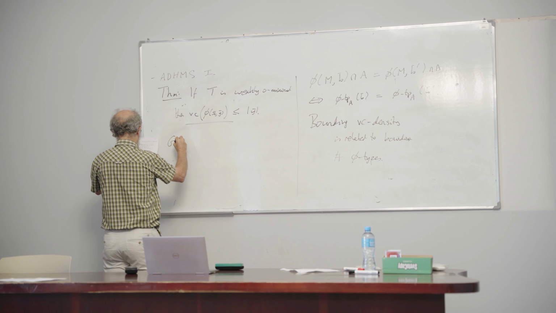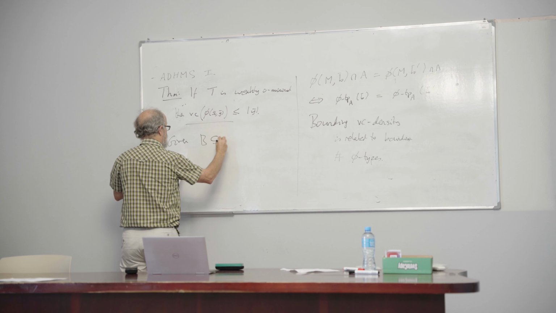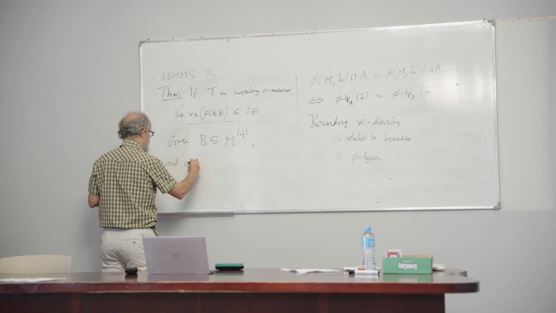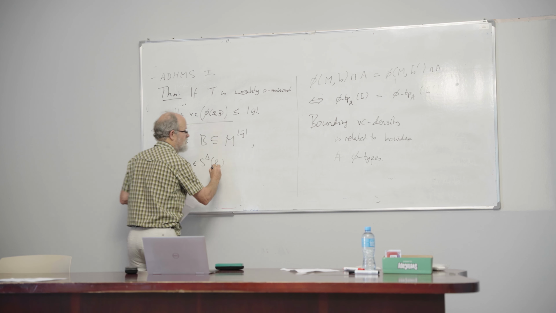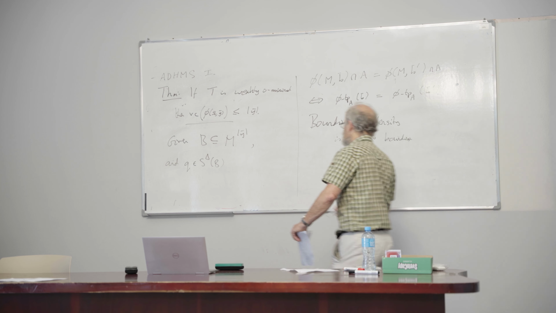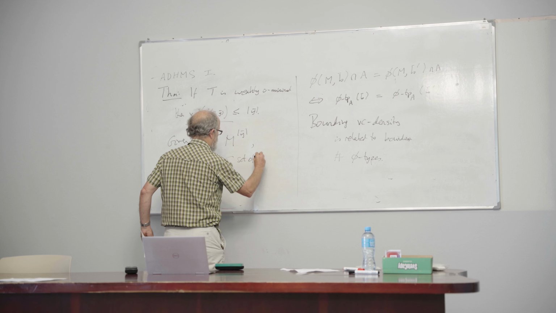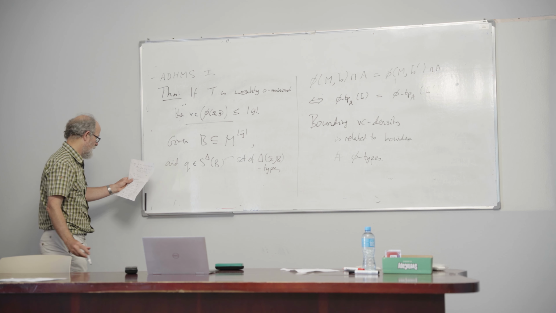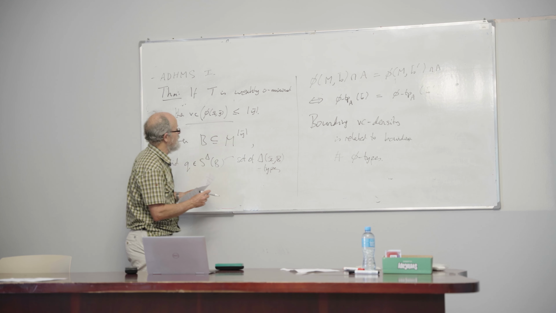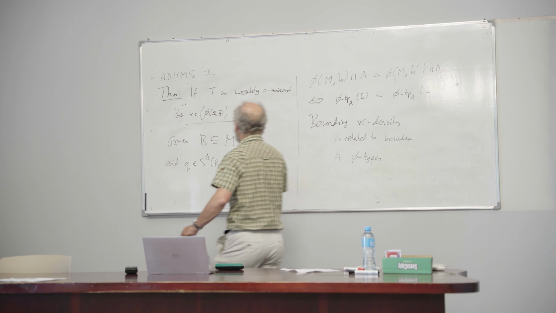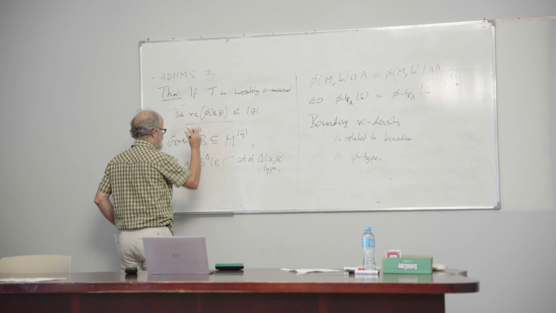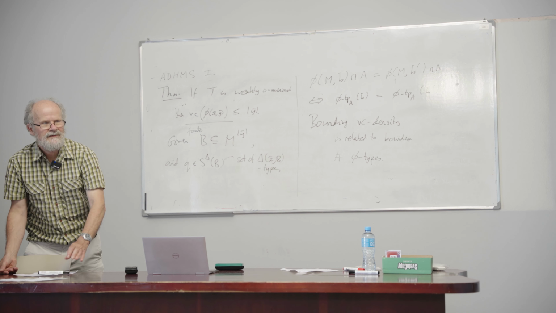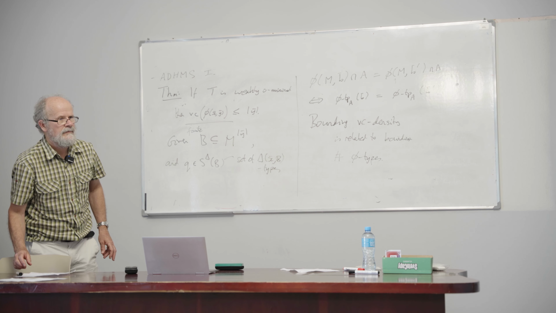Given B inside M to the y bar, finite, and Q a set of delta(x bar, B) types, so Q is such a type, we want to talk about definability of this type. Here delta is a finite set.